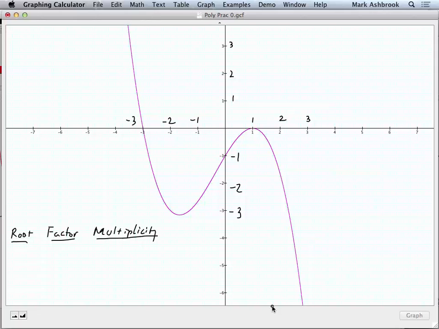What about multiplicities, though? Multiplicities matter.